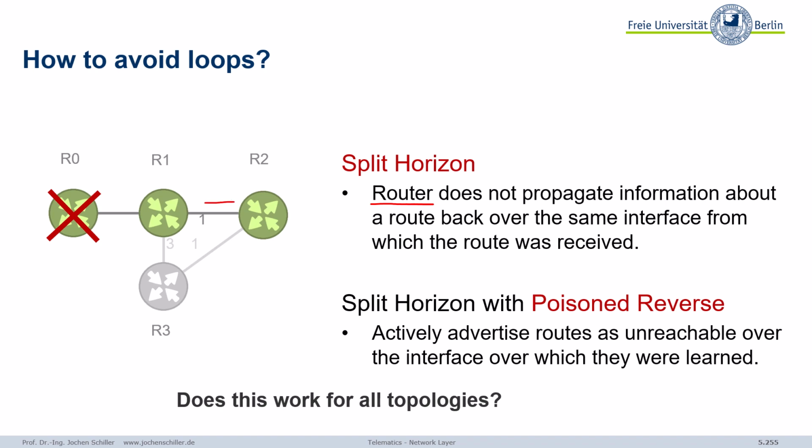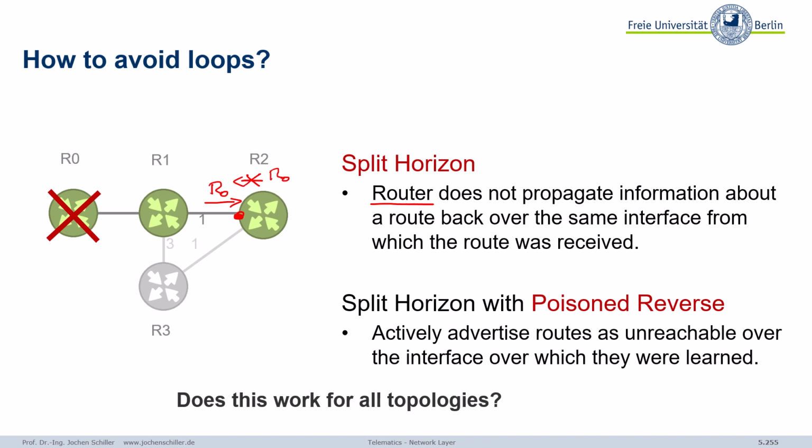So if I receive information about router 0 via this interface, I will not send back any information about router 0 via this interface. So that basically stops this count to infinity problem in this very simple example where we have only these 3 routers involved, one failing, then R1, R2.